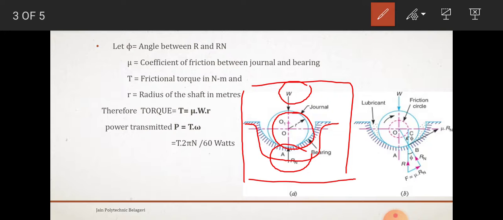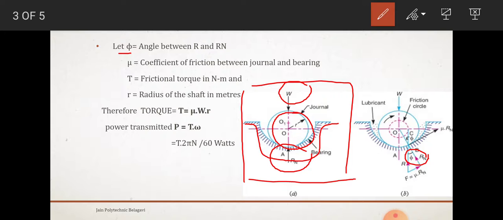First one is phi, which is the angle between R and Rn, where Rn is the normal reaction and R is the resultant force.